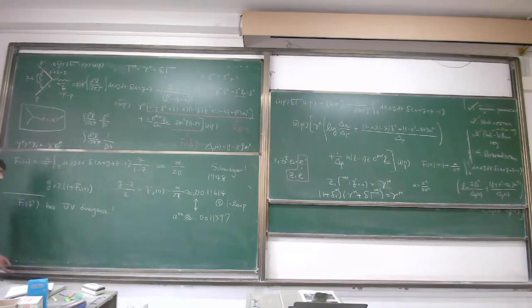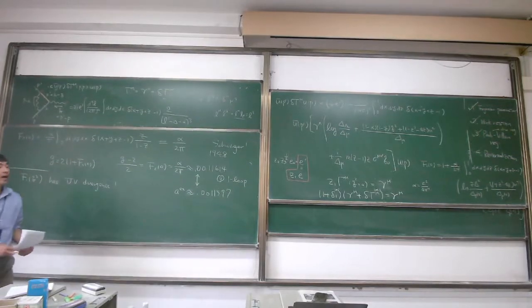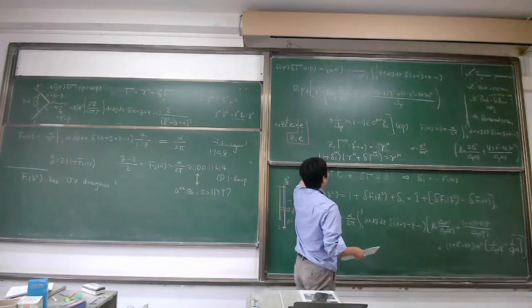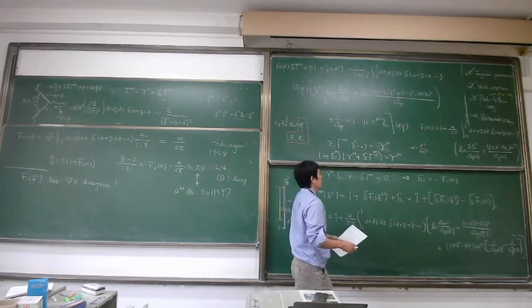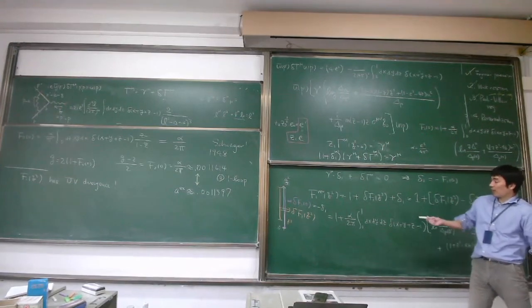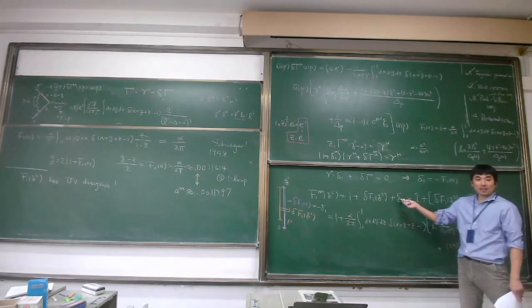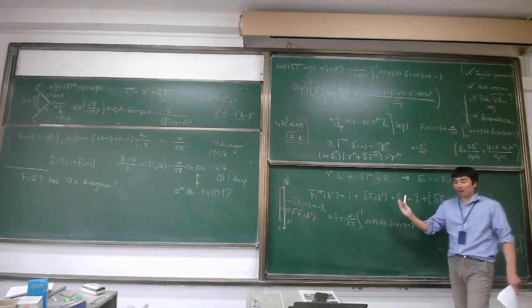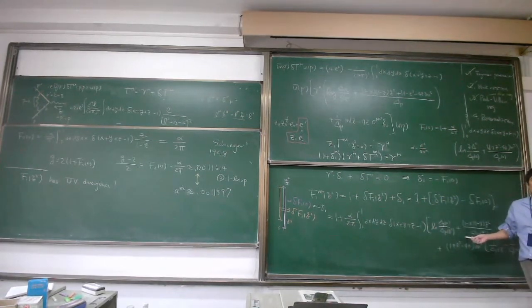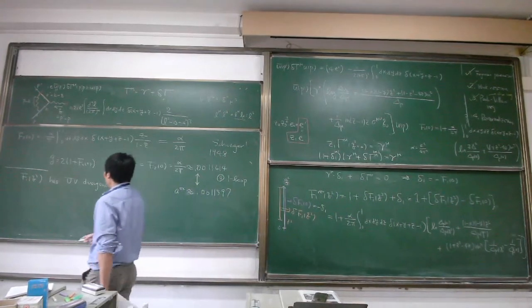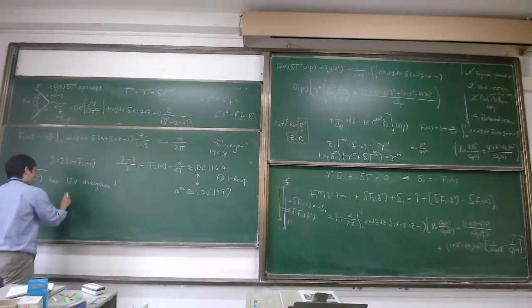This was regularized, renormalized by introducing the so-called counter term delta 1. Essentially, delta 1 has the infinity and delta F1 has an infinity. If you combine them together, you get the final term. That's what we have. But unfortunately, this also has IR divergence.